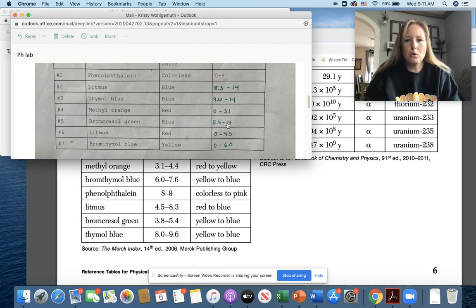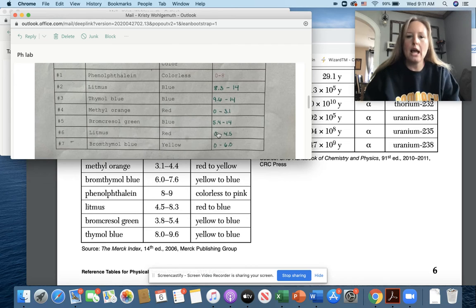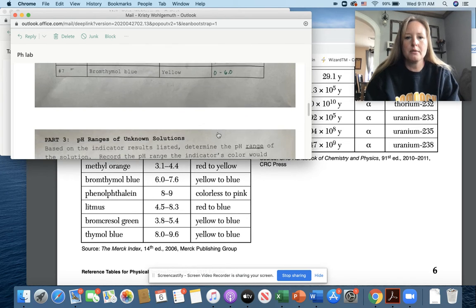Bromcresol green, 5.4 to 14, it'll be blue. Litmus will be red from 0 to 4.5, and bromthymol blue will be yellow from 0 to 6.0. Again, all of my answers are outside of that color changing range on table M, because I'm giving you a specific color that you have to find on either side.